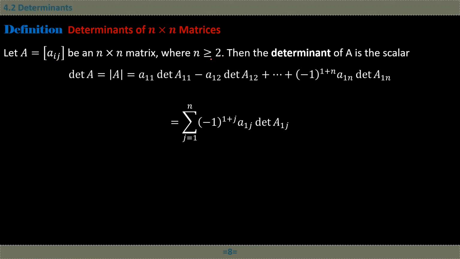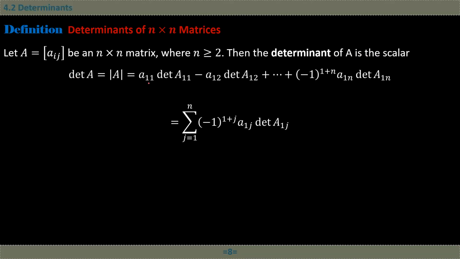Actually, it also works for 2, even for 3. Especially here, we are writing this for bigger matrices, because now we know how to calculate 2 by 2 matrices determinants, right? And also 3 by 3 matrices determinants. Anyway, then the determinant of A is the scalar, that's determinant of A, or this A in these parallel bars.